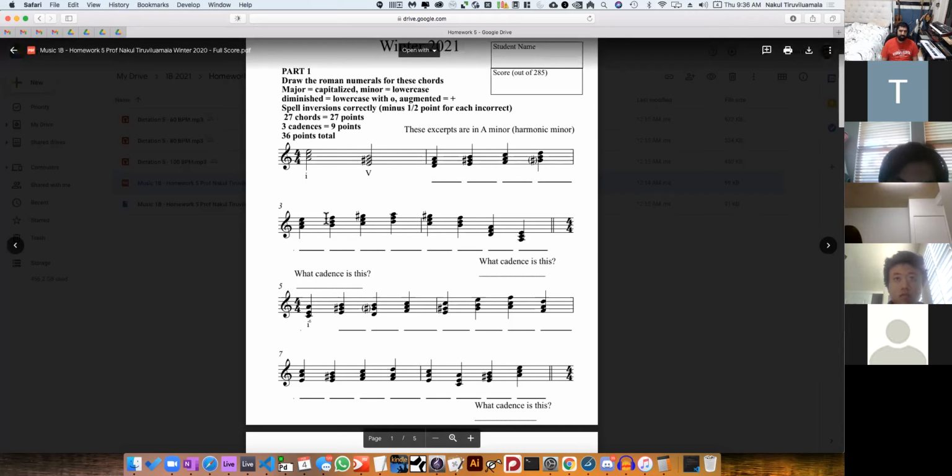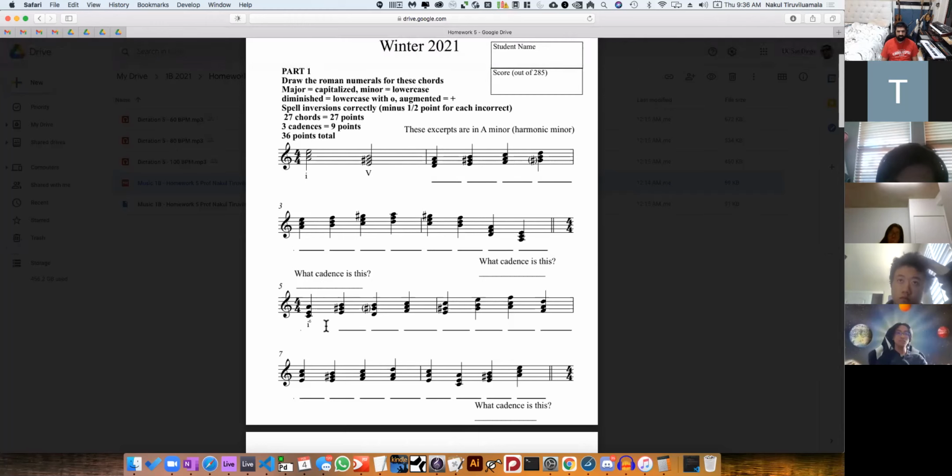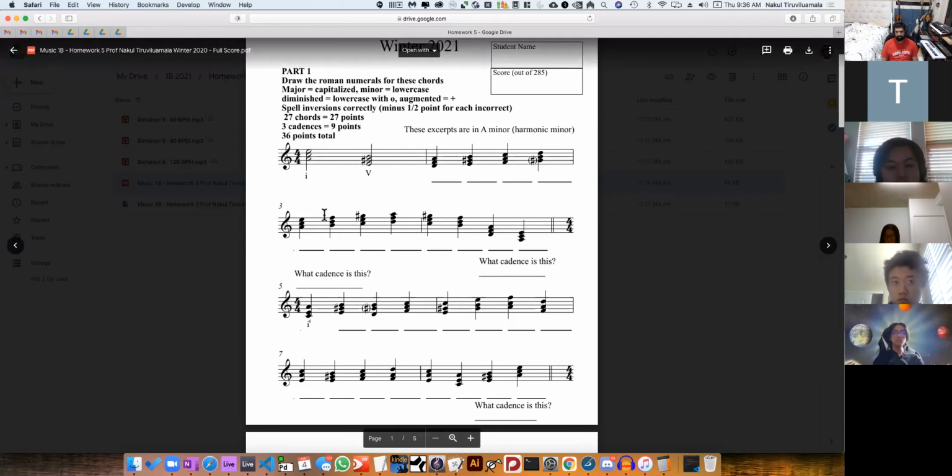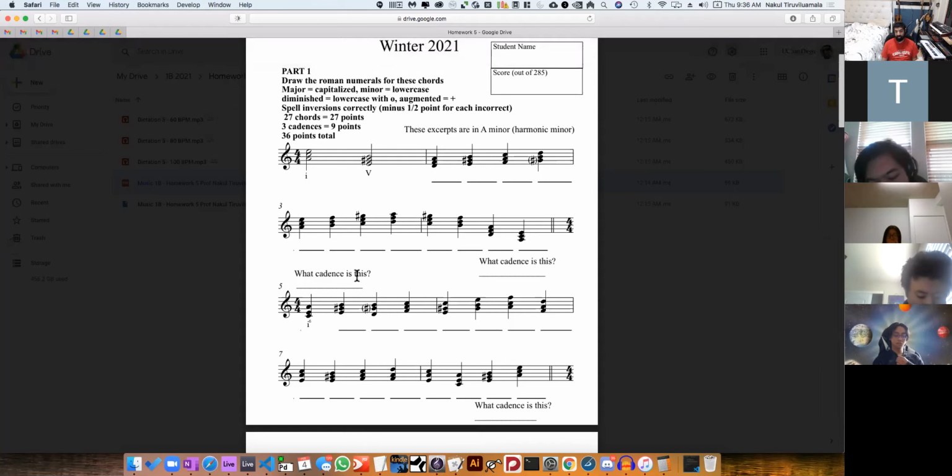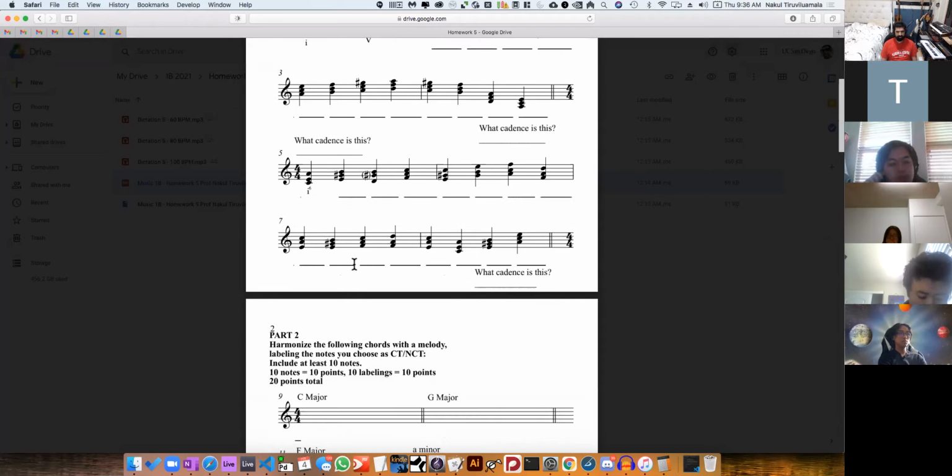Another difference from the previous week is that we're dealing with minor chords this week. So instead of the triads of the major scale, we're dealing with the triads of the harmonic minor scale. So we'll talk about that. That's a difference that's worth investigating.